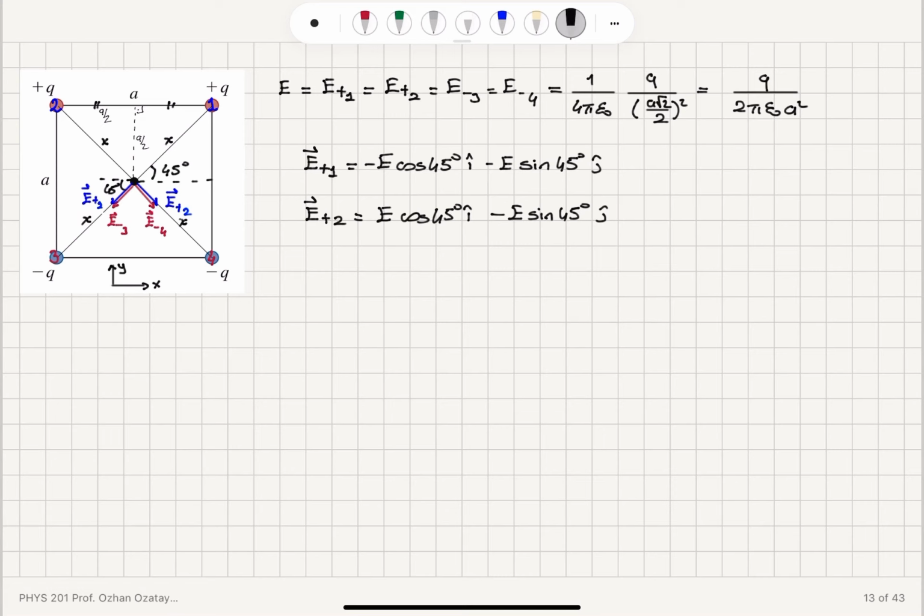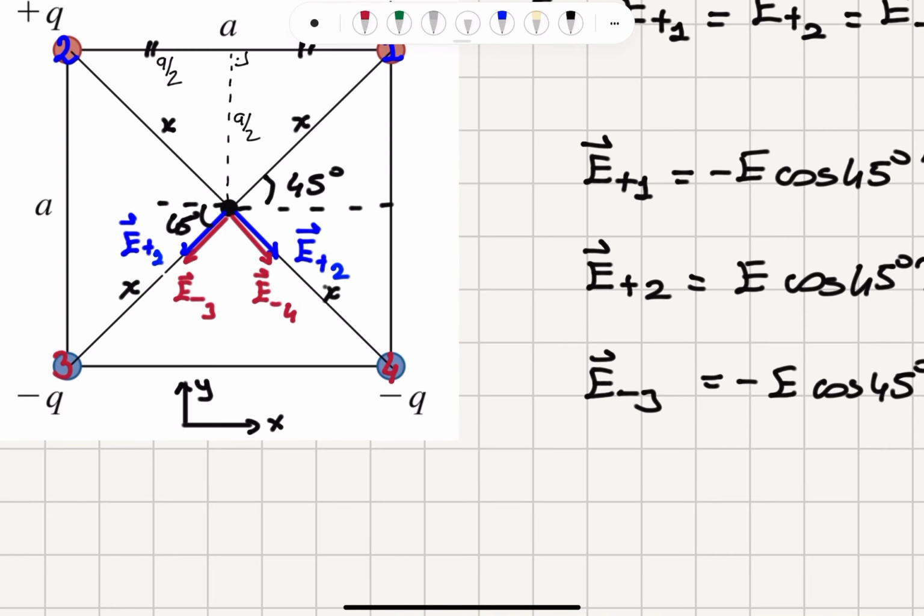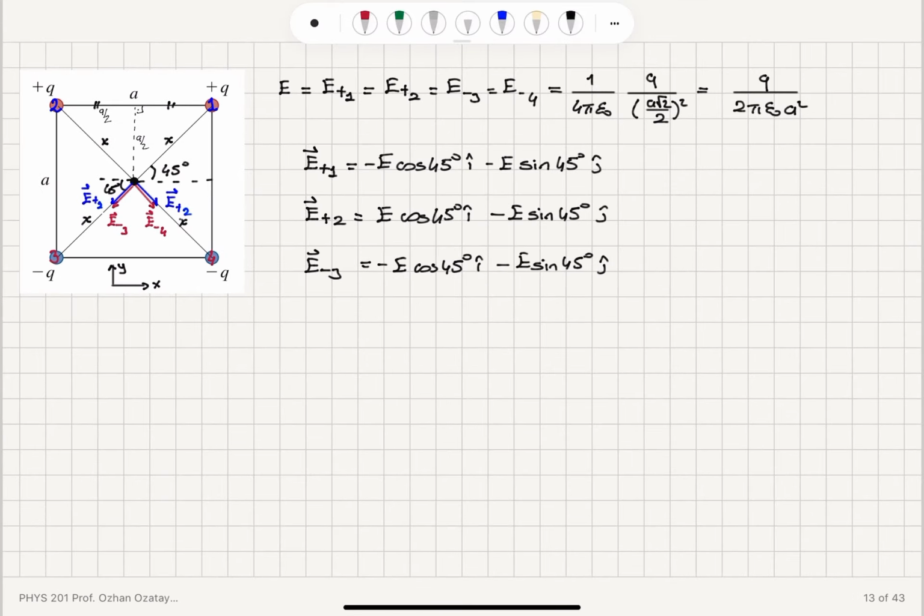And for the third charge, E minus 3, we will have minus E cosine 45 I hat minus E sine 45 j hat. So that is this red electric field, E minus 3. So cosine 45 minus I hat, sine 45 minus j hat.